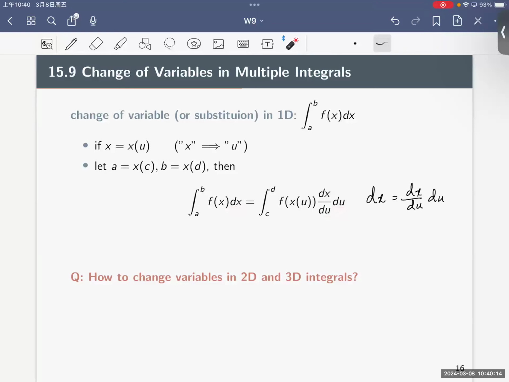So you see why this is called change of variable or substitution: previously the integration was with respect to x, now I have a new integral with respect to the new variable u. So the question we want to answer here is, what is the counterpart, how to change variables in 2D and 3D integrals.